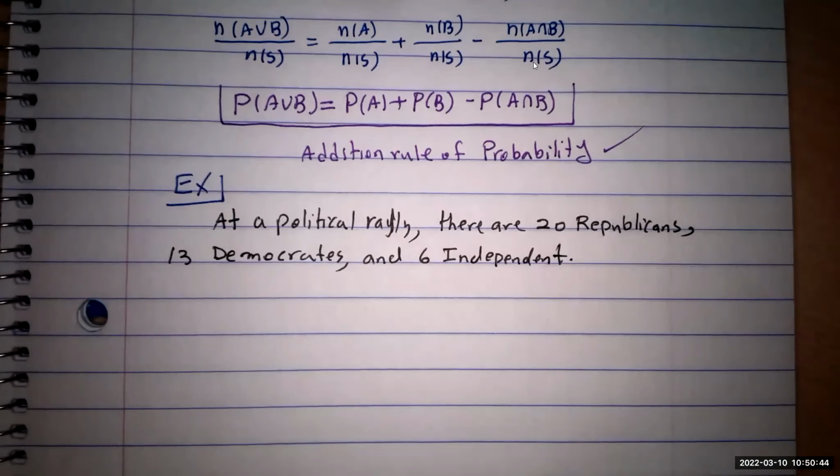So that's the population that you have: 20 Republicans, 13 Democrats, 6 independents. So 20 and 13 would be 33, and the 6, 39 is your sample space.